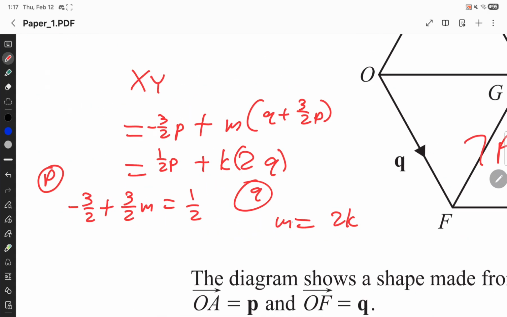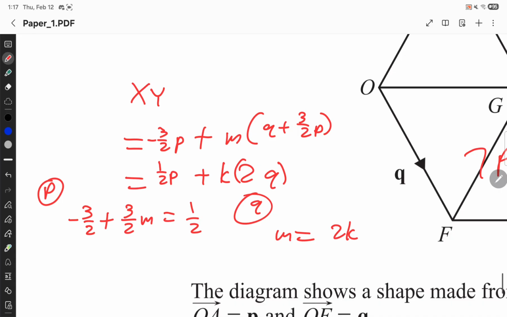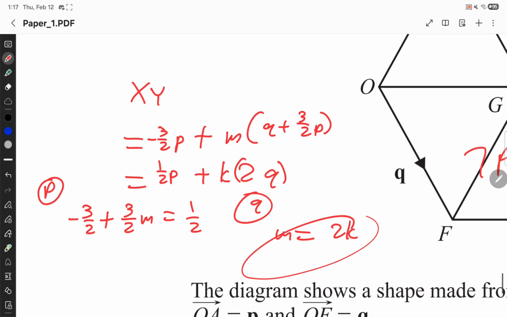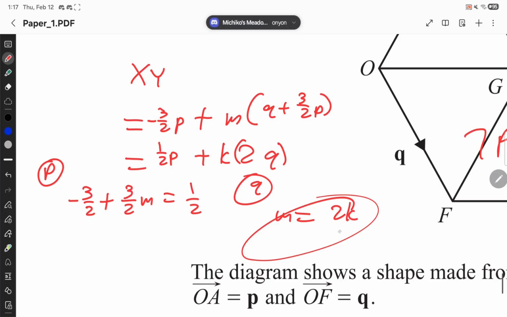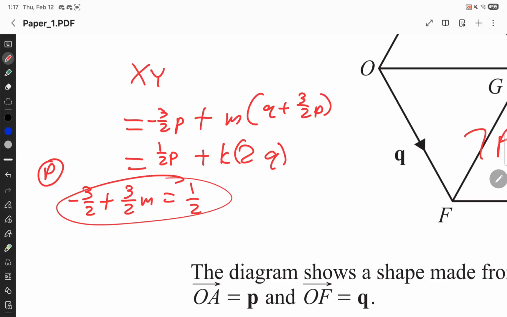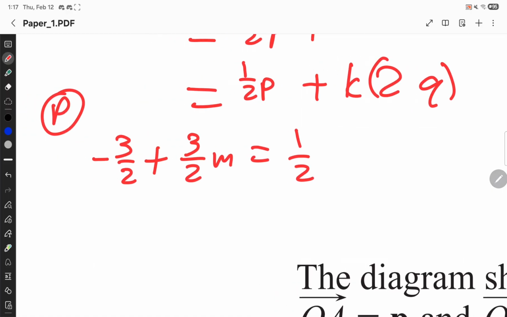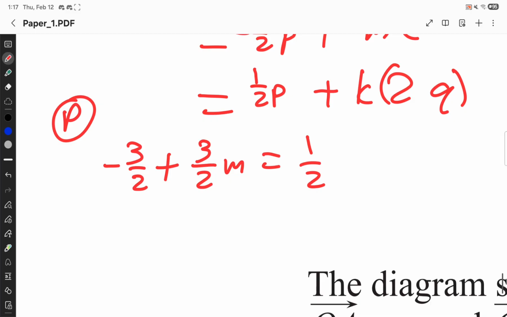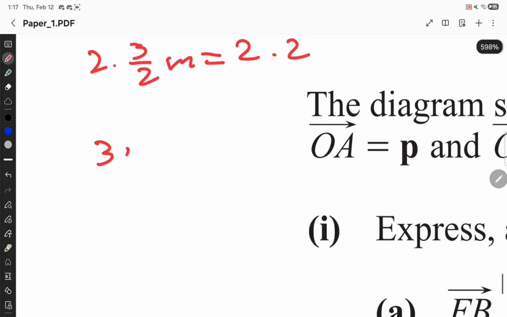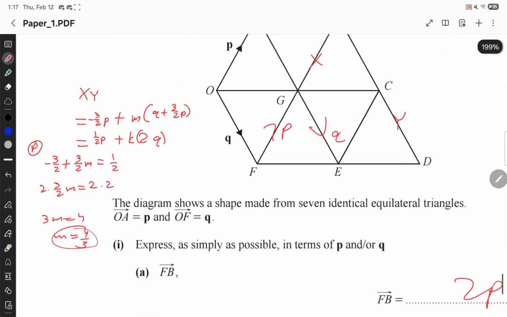Let's just divide by q. Now this won't help us in any way, because you want to solve for one variable, you cannot solve two variables at once. So let's just skip this. Let's use this instead. This has one variable, we can solve for m safely. If we do 3 over 2 on that side, you get 3 over 2 m is equal to 2, multiplied by 2 on both sides. This is 3m is equal to 4, m is equal to 4 over 3. Nice, boom, we found one of them.